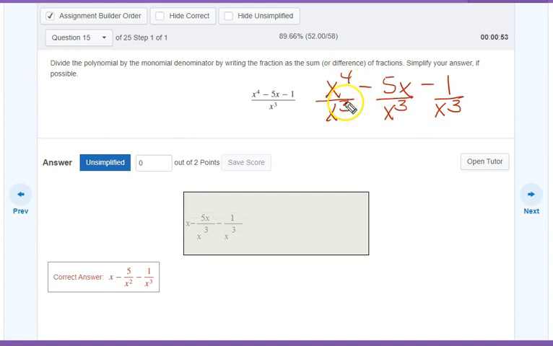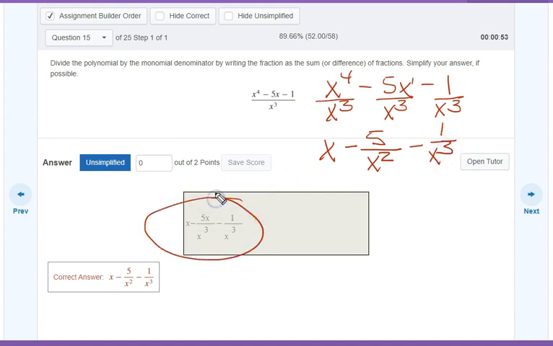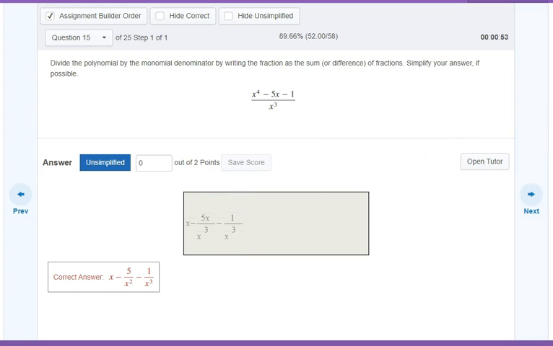So we're going to subtract 3 from the 4, and we're left with an x. Minus, now 5 doesn't go anywhere, but we can take this 1x from this 3x down here and get x squared. And then here nothing cancels or simplifies, and that is the answer. All right, let's go on.